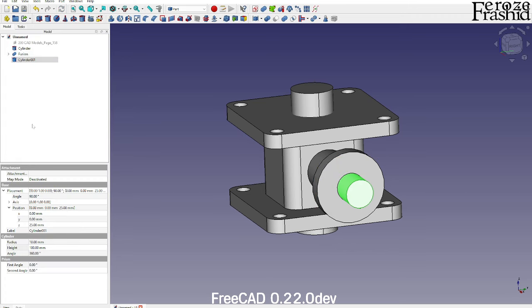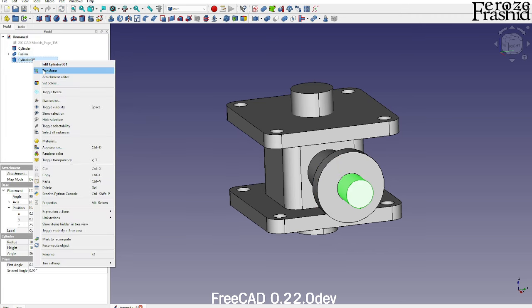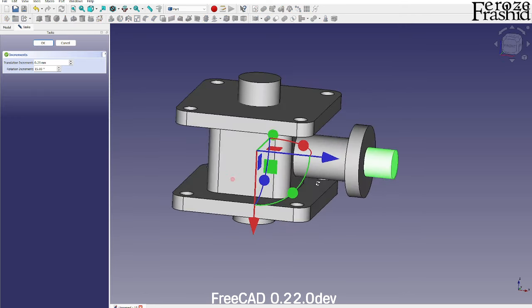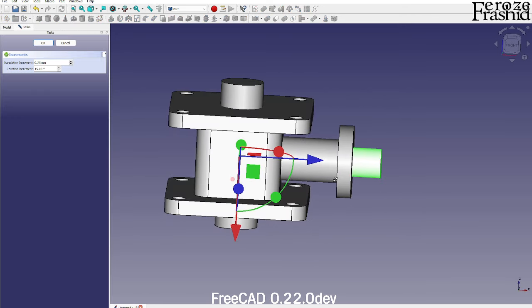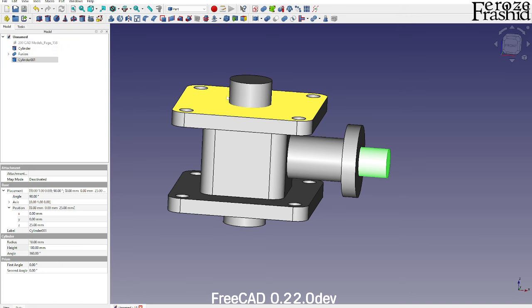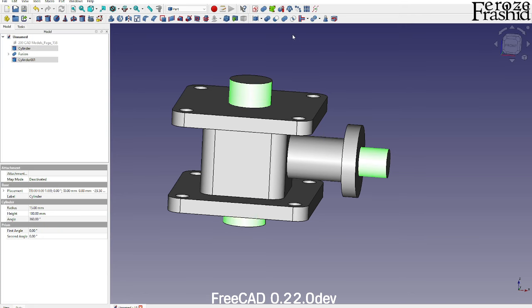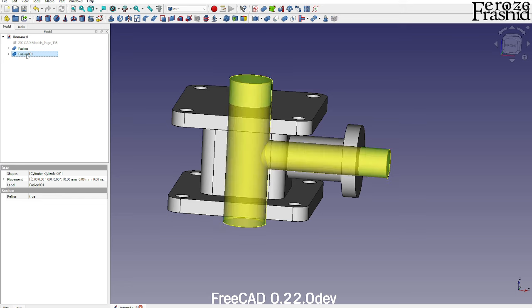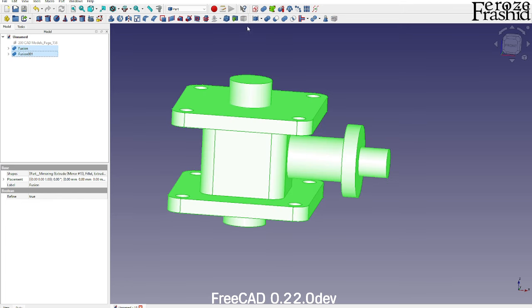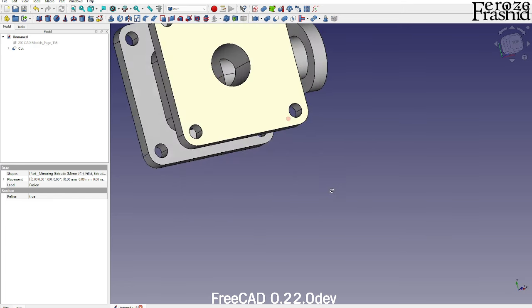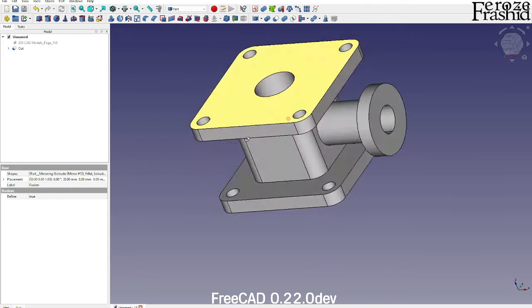Okay, let's verify we are at the right. Yep. And maybe we want to make sure it's at the center. Yes, it is. Okay, now I can go ahead and make these two one fusion, and from this fusion to that fusion make a deduction. I think that's it. That is our object.